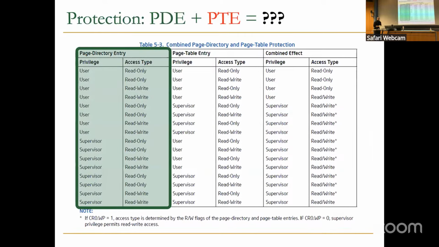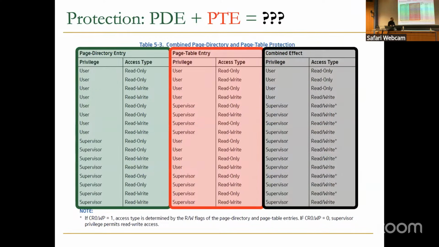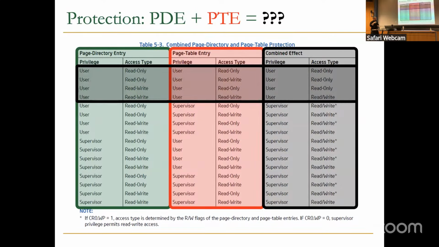However, we could do the following trick, right? We could use the first level, which expresses access control bits at the 2 megabyte granularity, and also express control bits at the 4 kilobyte granularity, and basically perform an AND operation between all these access control bits to find out the final granularity of access control.